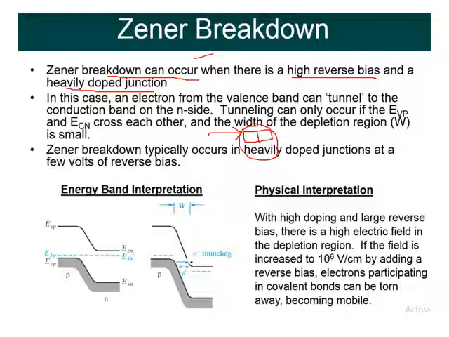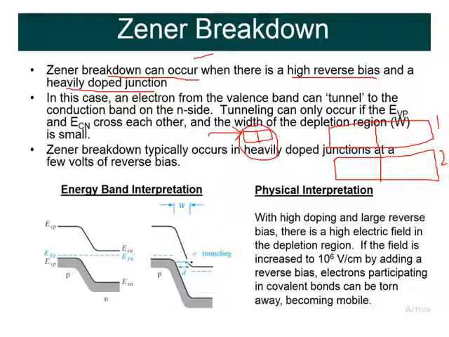So one very basic concept I would like to make clear. I'll take two cases. I have two diodes, diode number 1 and diode number 2. In diode number 1 the doping is lighter, so it is lightly doped, and the second diode is heavily doped.